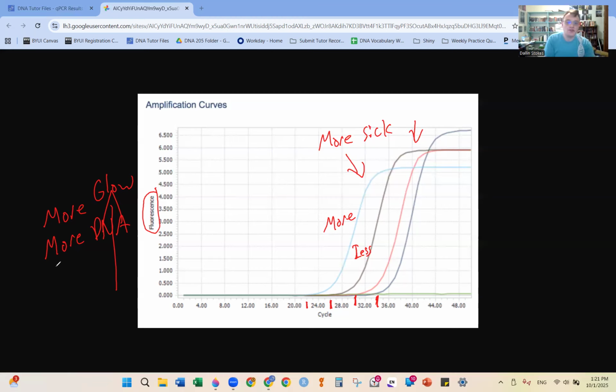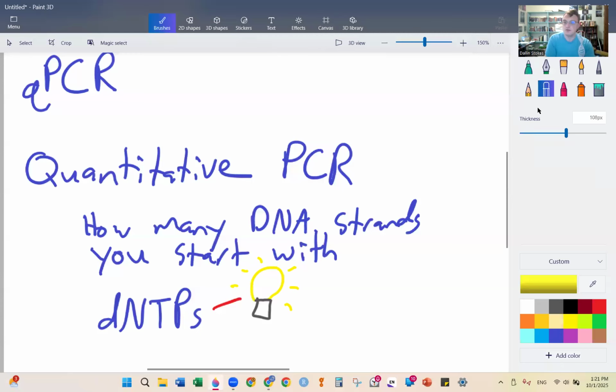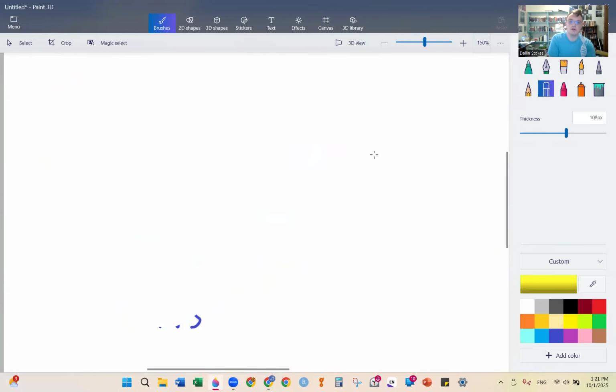Now, notice one thing to clarify here on the difference between RT-PCR and qPCR. RT-PCR starts with RNA. So let's pop back over here. RT-PCR starts with RNA.